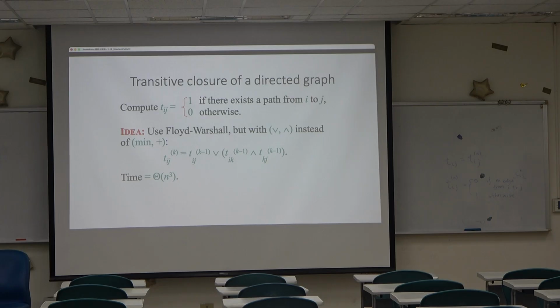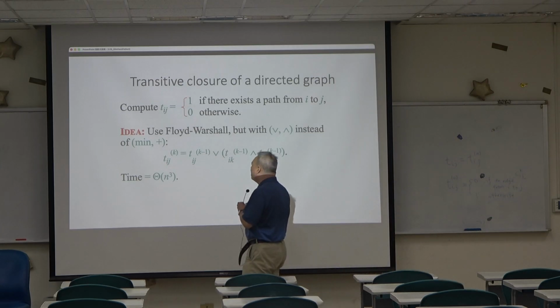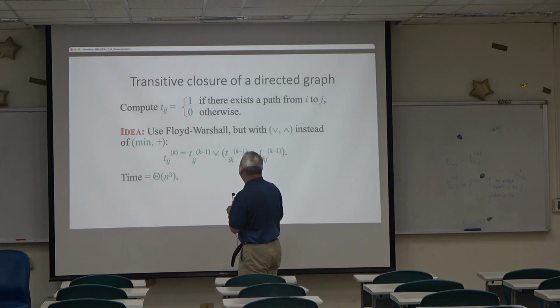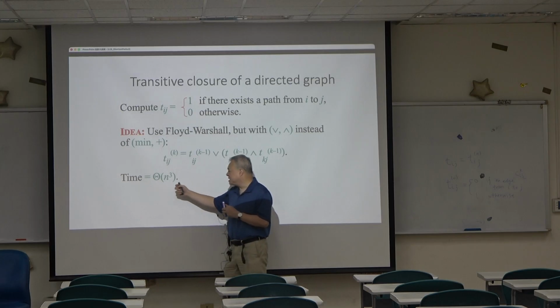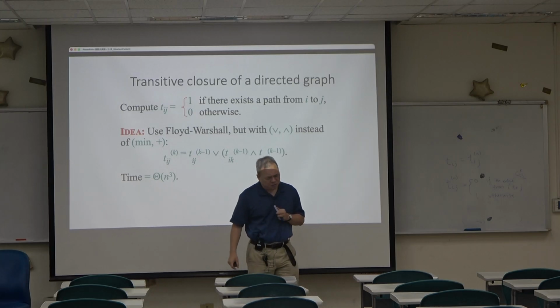So with all that defined, you are able to compute the transitive closure of the directed graph, again using exactly the same time complexity, theta of n cubed.